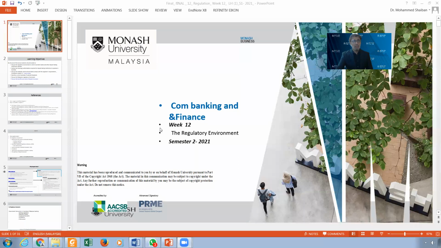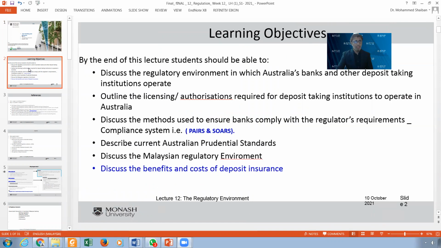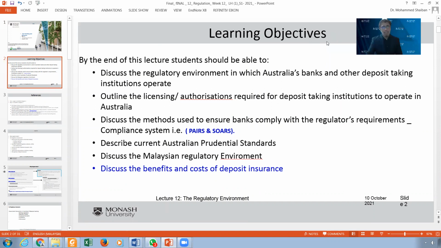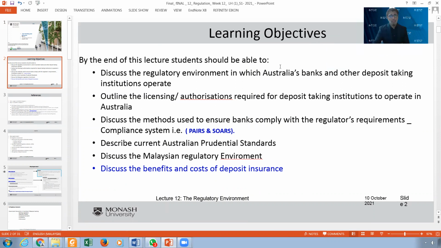So this is the bank regulation, and I'll just jump to the learning objective. We hope by the end of this lecture to be able to discuss the regulatory environment in which Australian banks operate. Now, we are talking about Australian banks, but you can always relate to any country's banks.